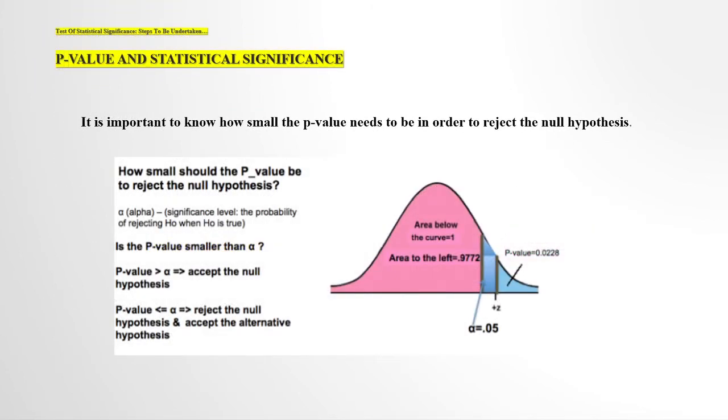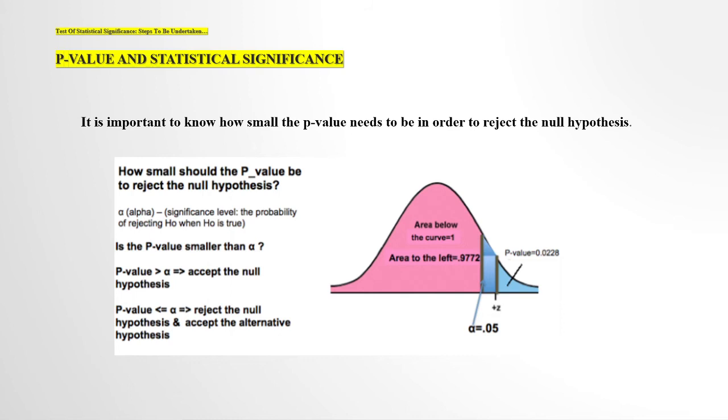Now, it is also important to know how small the p-value needs to be in order to reject the null hypothesis. How is this done? There is a parameter known as alpha, which is used for this purpose. Alpha is the significance level, or the probability of rejecting the null hypothesis when the null hypothesis is true.